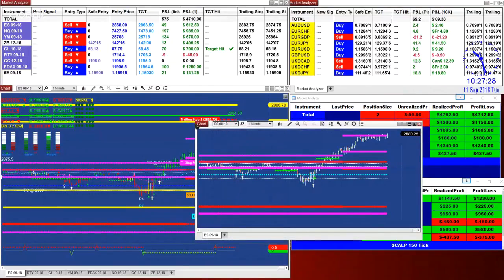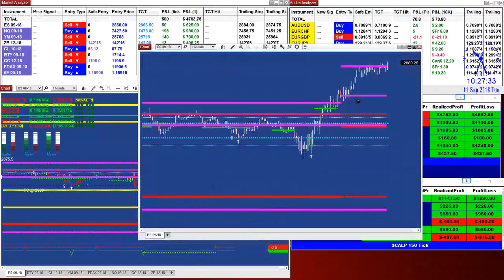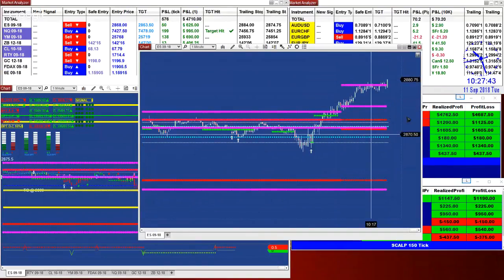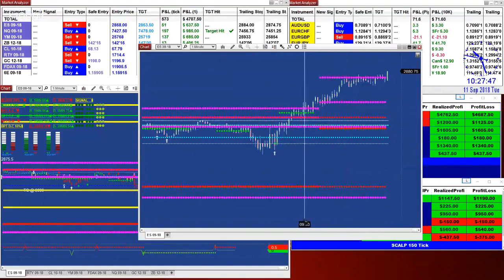But what we are trying to do every single day is analyze the market analyzer, which is based on 1 minute, and the auto trade is based on the 1 minute. We analyze this market and try to predict where the border is.